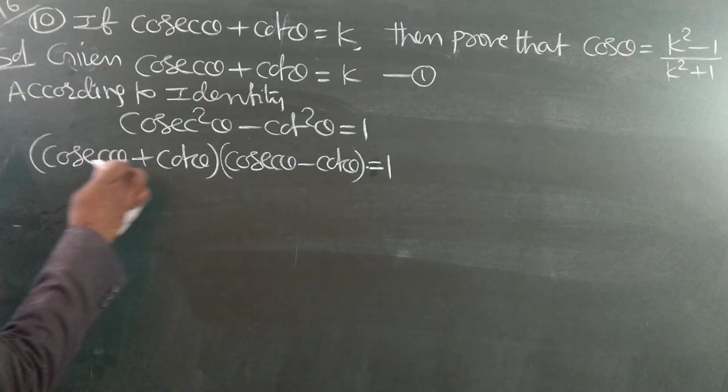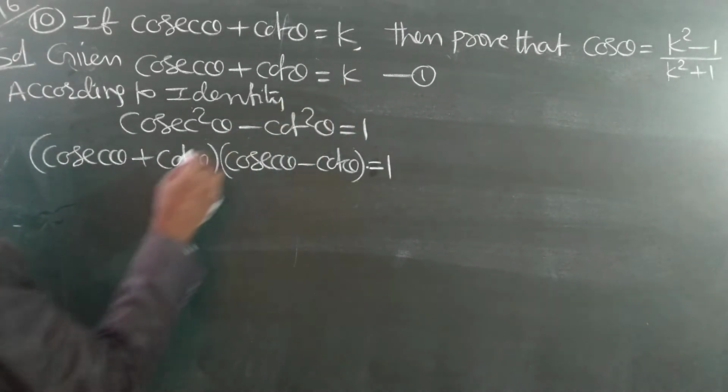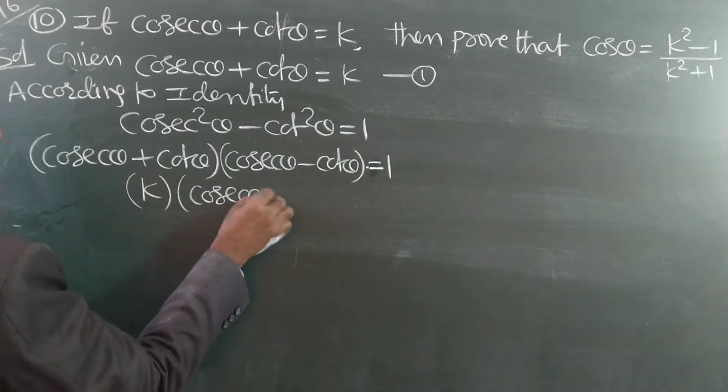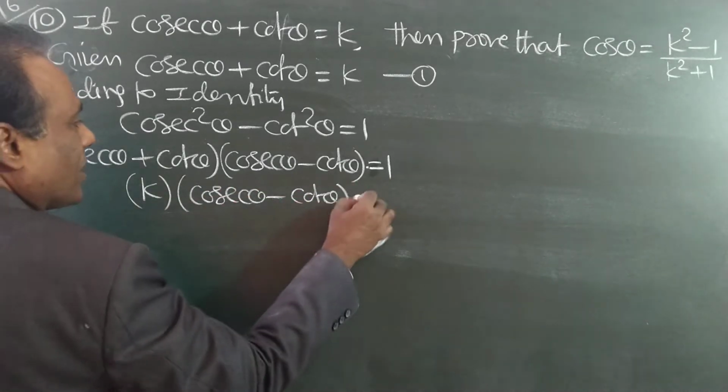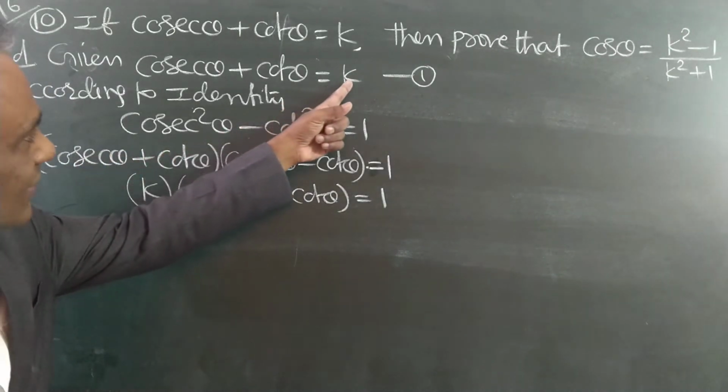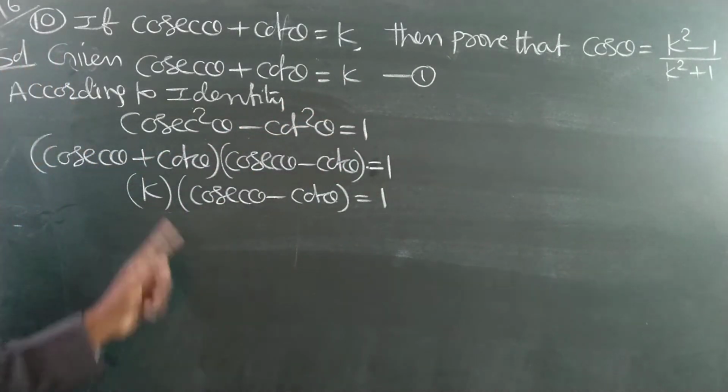Now, cosecant theta plus cot theta is k according to equation 1.